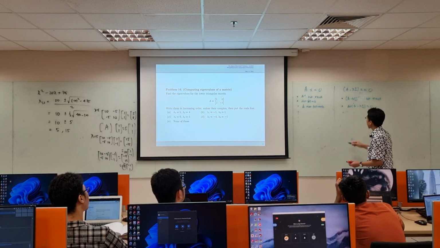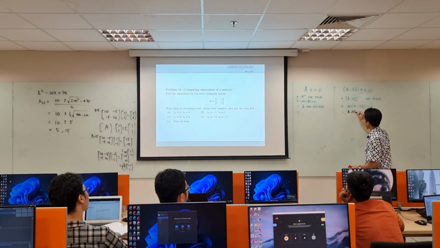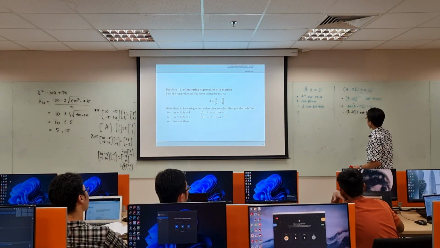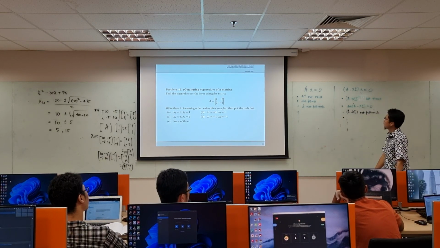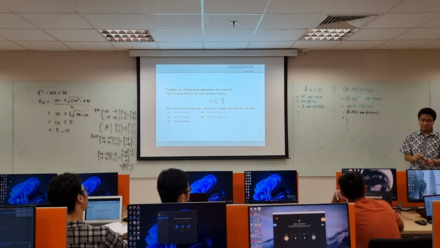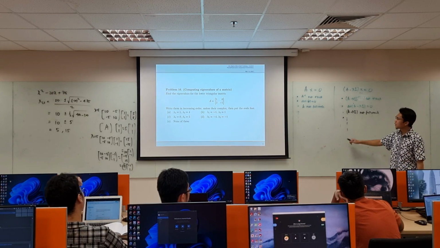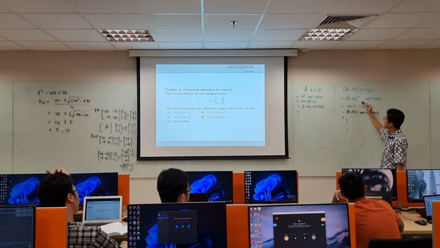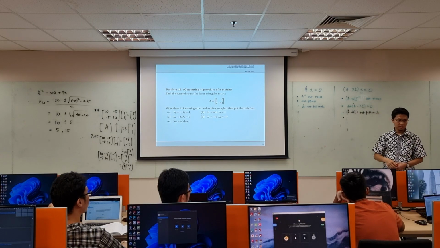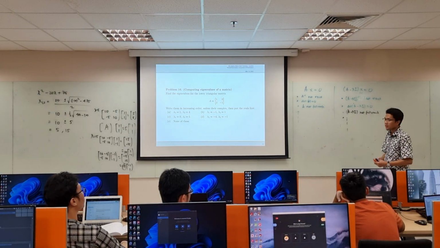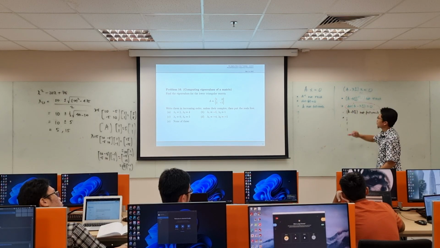A minus lambda I not full rank. And so on. Now to find out the eigenvalue of A, the property that we will exploit is this property.